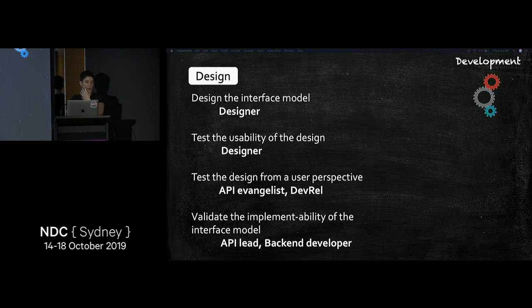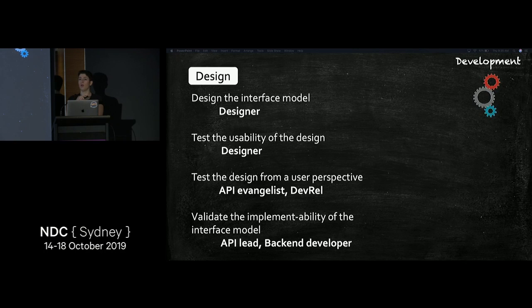For the design, here is the time that we're going to design the initial interface model, right? And also we're going to test this design from the user perspective. And also we need to validate if this design is implementable. That's why we need the designer to do that. And for validating implementation, the designer himself or herself cannot do that, right?